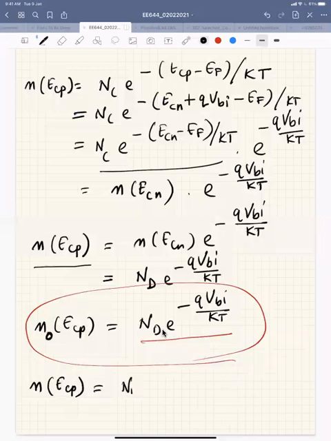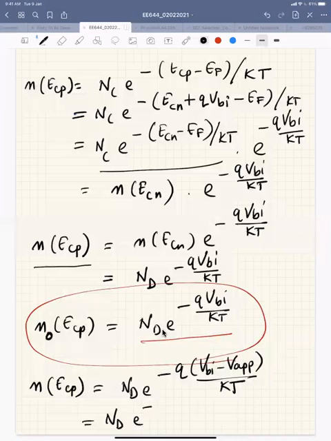the potential drop across the junction will be VBI minus V applied. And this will be ND times e to the power minus Q VBI by KT times e to the power Q V applied by KT. So what is this telling you?